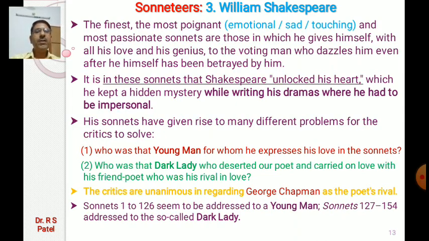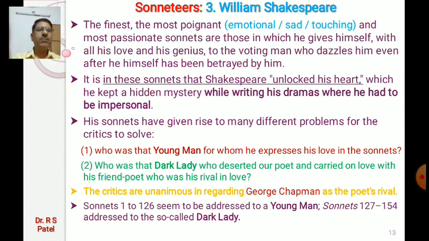Sonnets number 1 to 126 seem to be addressed to a young man, and sonnets number 127 to 154 are addressed to the so-called dark lady. We know that in total Shakespeare has written 154 sonnets, and out of those, 126 sonnets have been addressed to that young man.